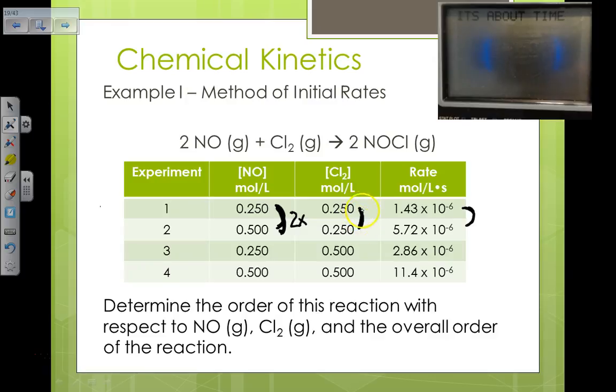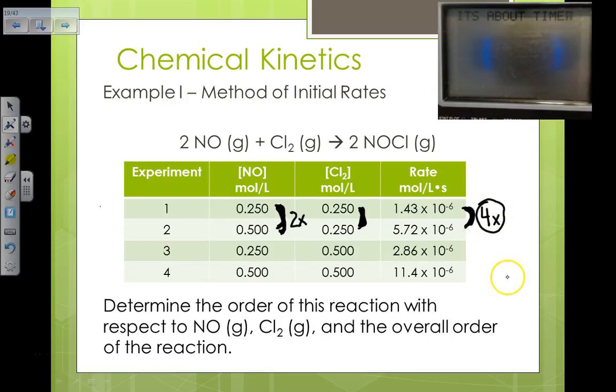If this concentration didn't change, then the only reason why the rate changed was because this concentration changed. So what about this? How did this change? Well, the rate changed by 4 times. So by doubling the concentration of NO, we're quadrupling the rate.